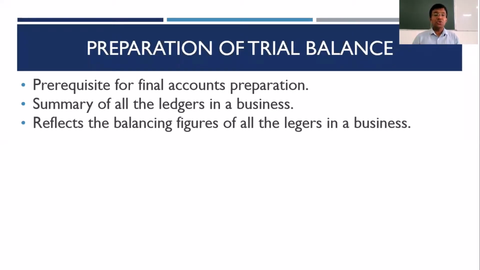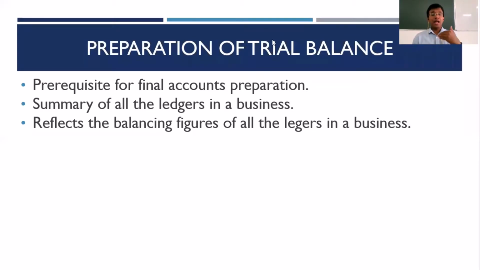So what exactly do you write down in your trial balance? Remember, when we were preparing ledgers at the end of regular intervals, we were balancing. We would find out which side is more: is the debit side more, or is the credit side more, or are they both equal?